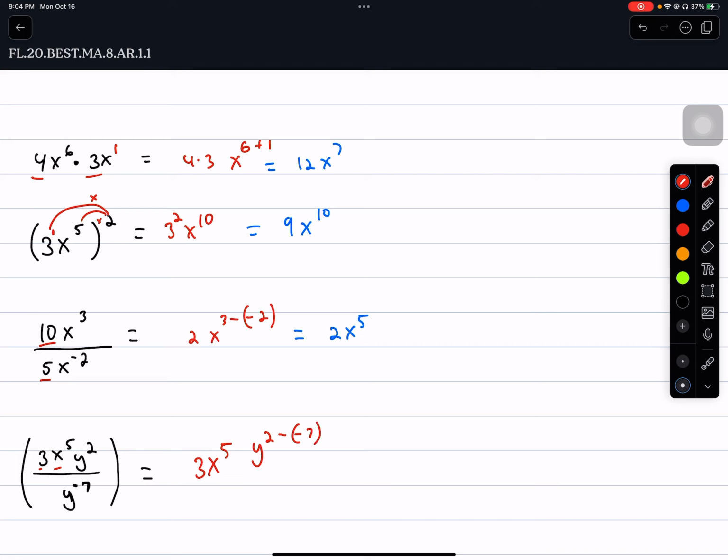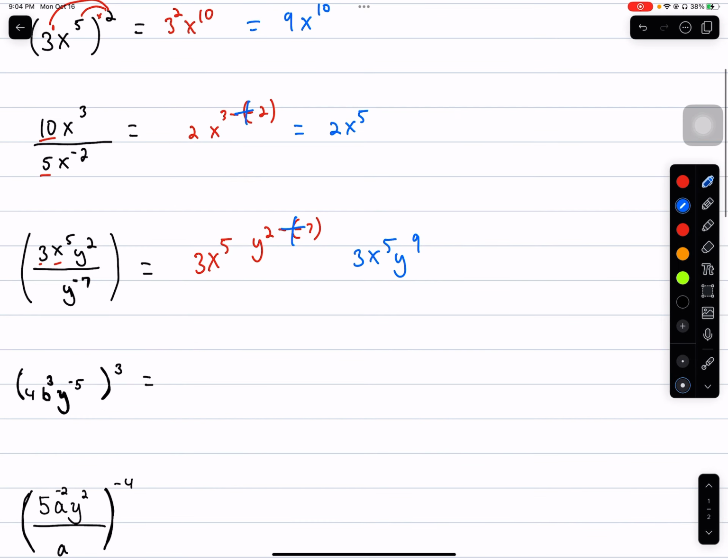So now, when I solve this, I have 3x to the 5th, y to the 9th, all right? Because two negatives right next to each other turn into a positive. As you like to make it a big plus sign. So 2 plus 7 gives me positive 9. All right, let's move on.